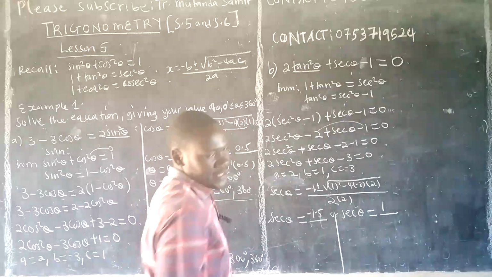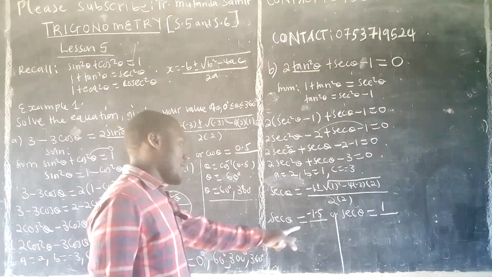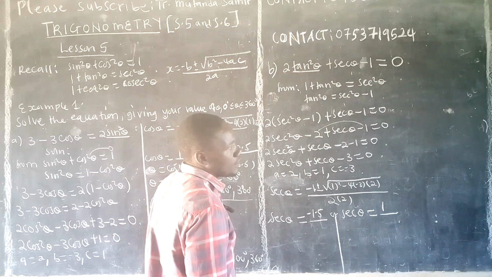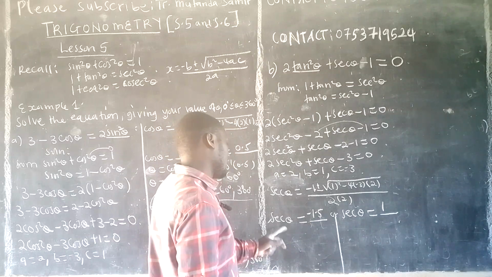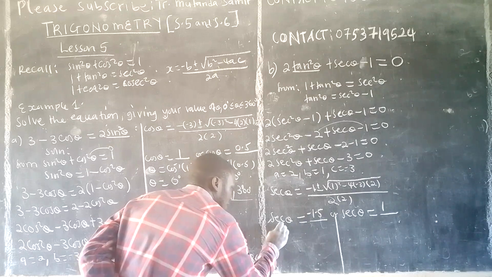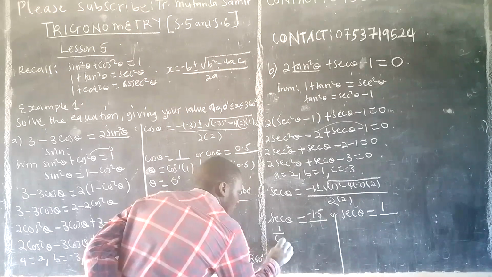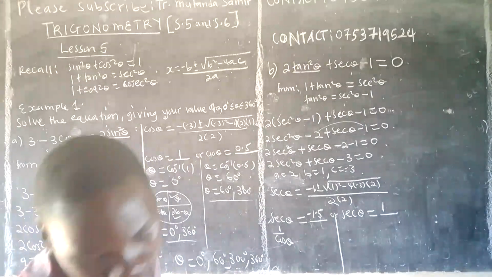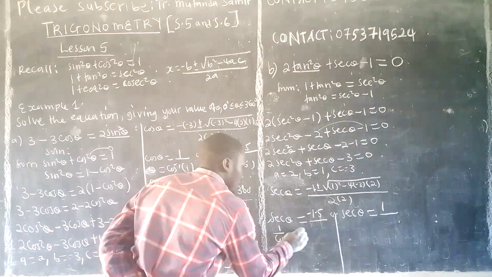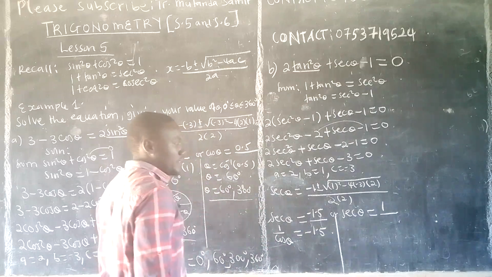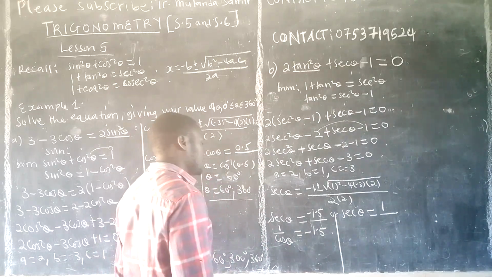Let's proceed. Which one should we handle first? Let's deal with this one first. Now this means that sec is the same as 1 over cos theta, and will be the same as negative 1.5.